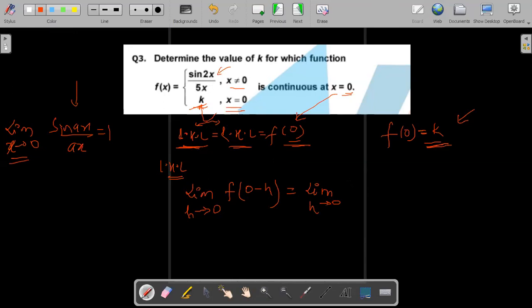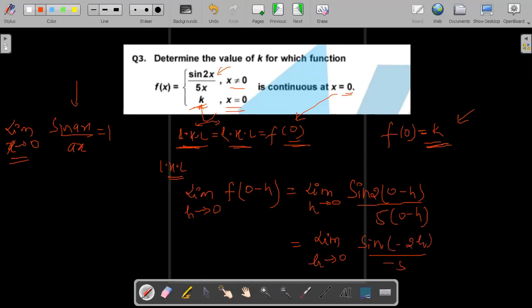So I'm substituting sine 2 times of, at the place of x, 0 minus h. Correct? Yes, sir. Now we will simplify. This minus sign would be minus 2 times of h, and in the denominator we will be having minus 5h.